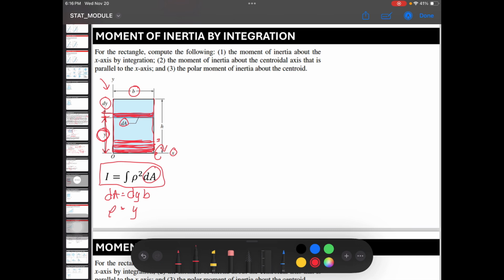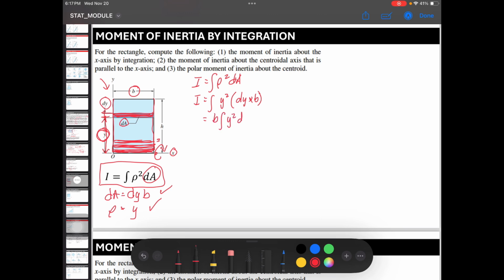So, buuin na natin yung integral. Let's substitute yung mga values na nakuha natin and integrate. Our rho is y, so y squared na siya, and dA is dy times b. Our b is constant, so we can take it out of the integral.